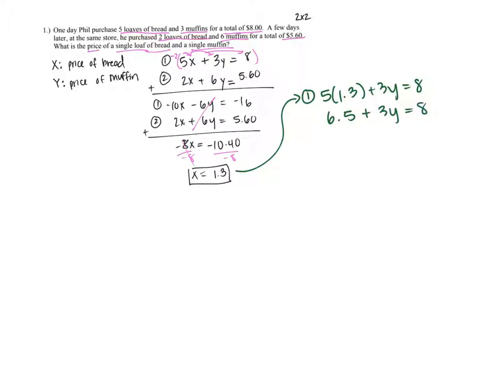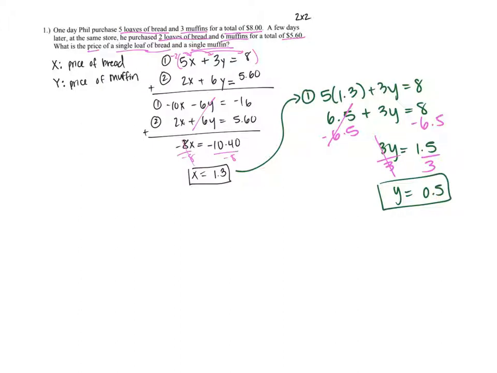Then I would subtract 6.5 on both sides. This cancels, bringing down the 3y. And then 8 minus 6.5 is 1.5. If I divide by 3, y here is 0.5. And y represents the price of muffins, so I guess muffins cost 50 cents.